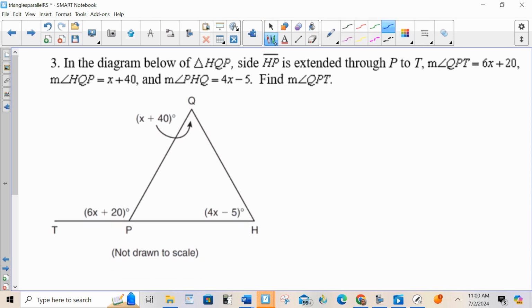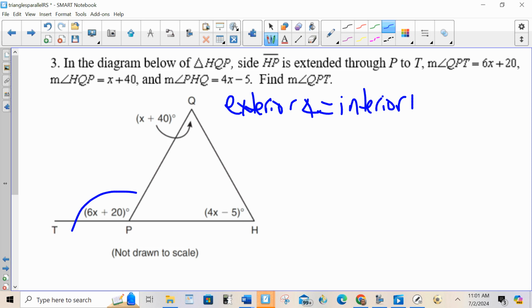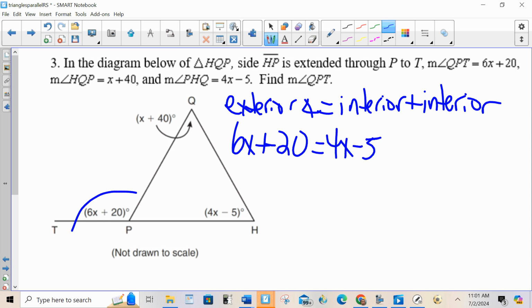Exterior angle. When you have an exterior angle in a triangle, exterior angle theorem states that the exterior angle is equal to the sum of the 2 non-adjacent interiors. Interior plus interior. So it's 6x plus 20 equals 4x minus 5 plus x plus 40.